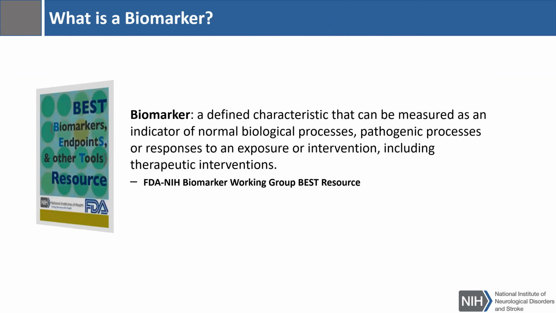I think most of you are probably familiar with this definition, but just as a reminder, a biomarker is a defined characteristic that can be measured as an indicator of normal biological process, pathogenic process, or response to an exposure or intervention, including therapeutic interventions. And this is, of course, the definition from the NIH FDA Biomarker Working Group resource.